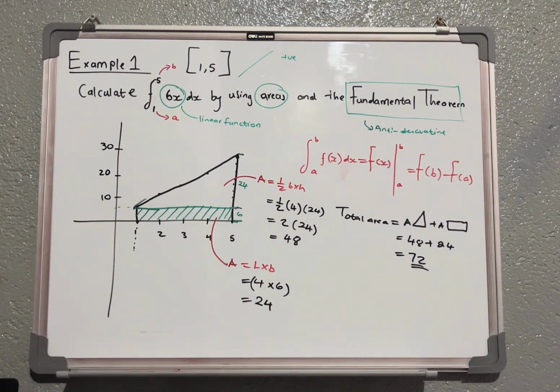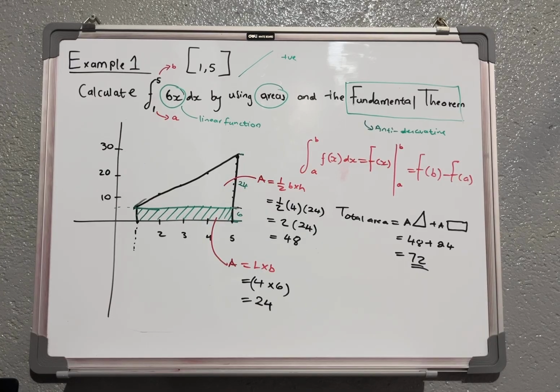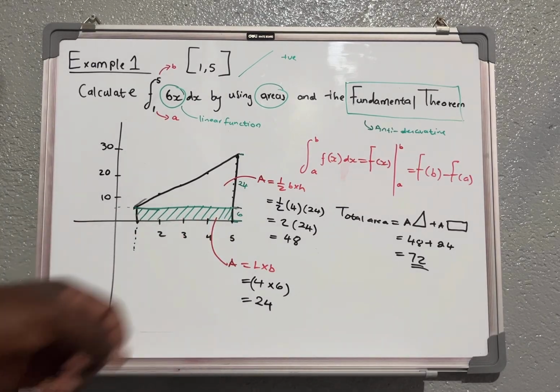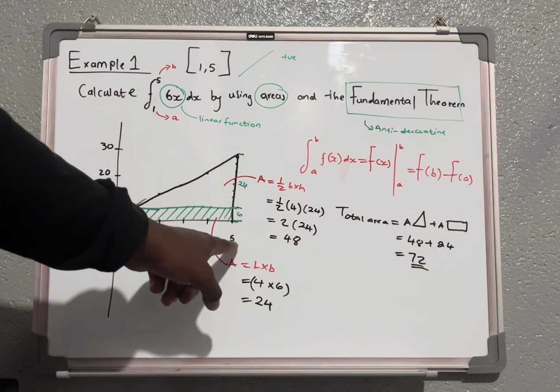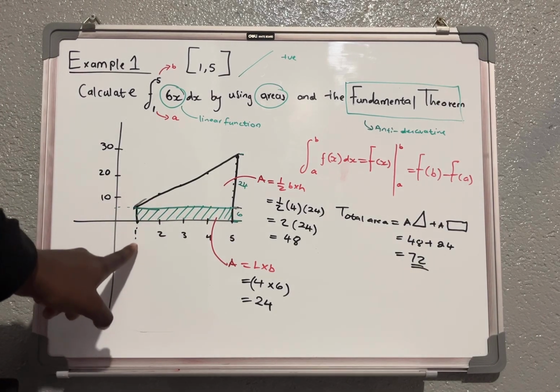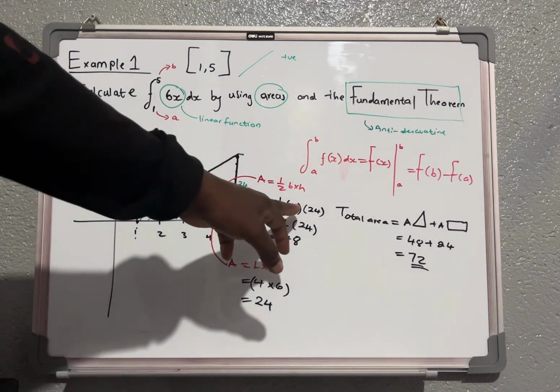For the base, it's easy to make the mistake of saying it's 5. If you count nicely, you have 1, 2, 3, 4, which is why I got 4. Or you can take the last number and deduct the first one, 5 minus 1, which gives you 4 as your base.